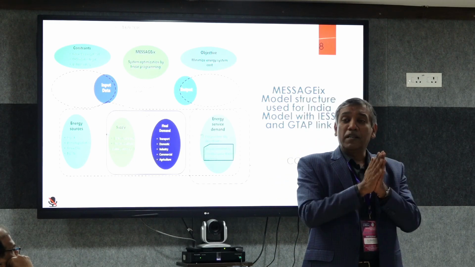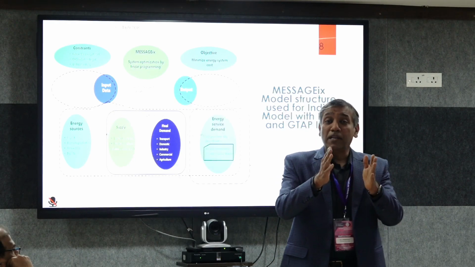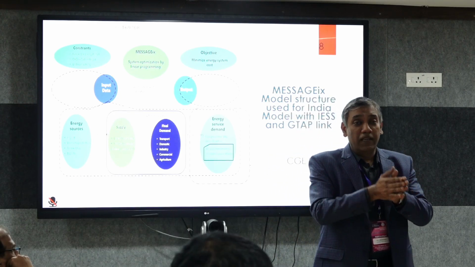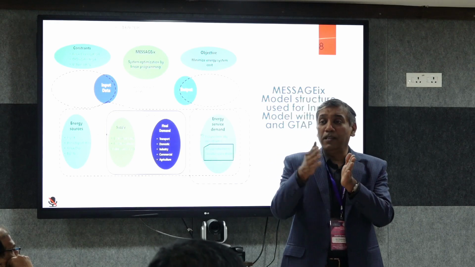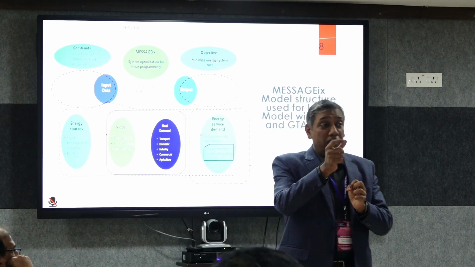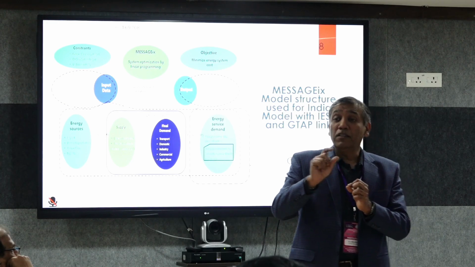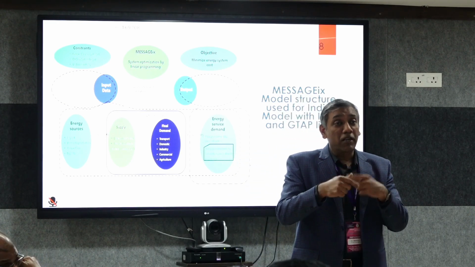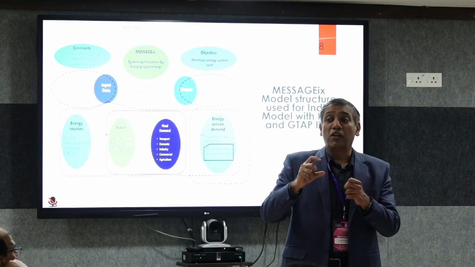To achieve that 100 billion, the bus can use diesel, biofuel, or electricity. Depending on the cost, depending on the LCOE, the levelized cost, the model will determine, with some constraints.